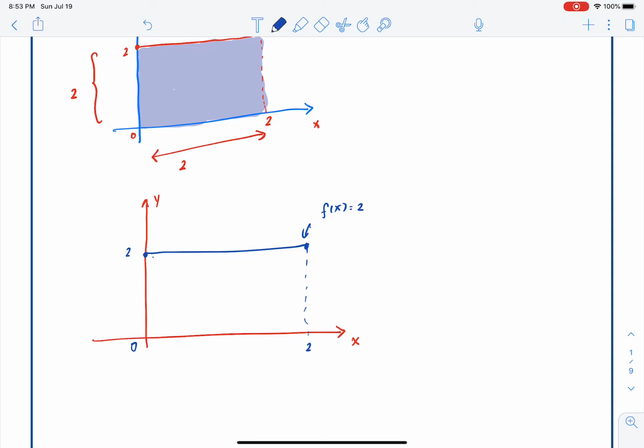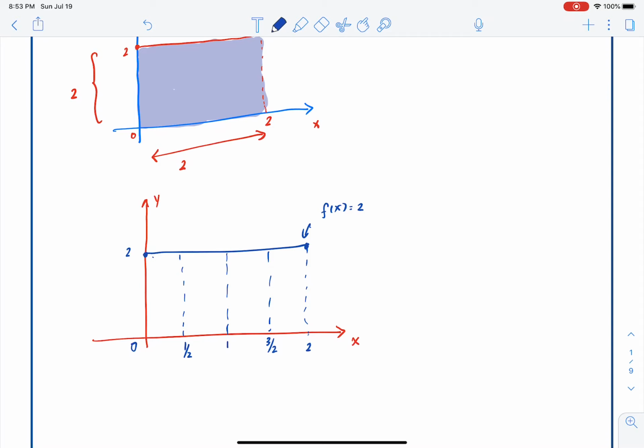So what I'm going to do is chop the area into 4 pieces from the left hand side. So 1, 2, 3, 4. And I am going to do 1/2, 1, 3/2, and 2.